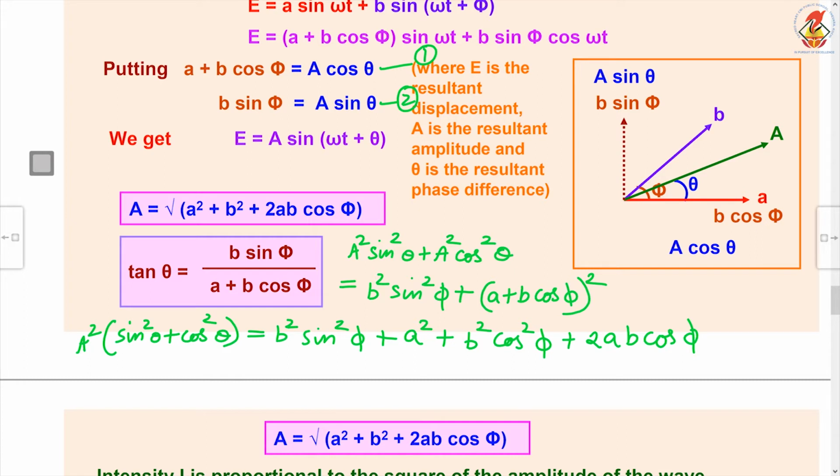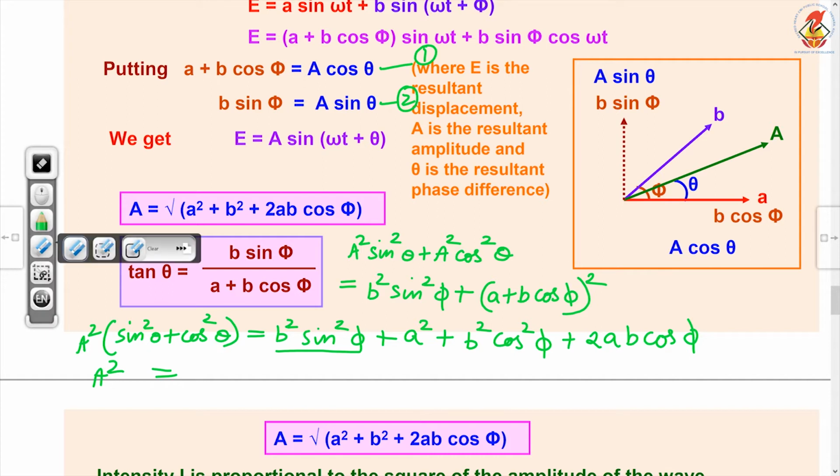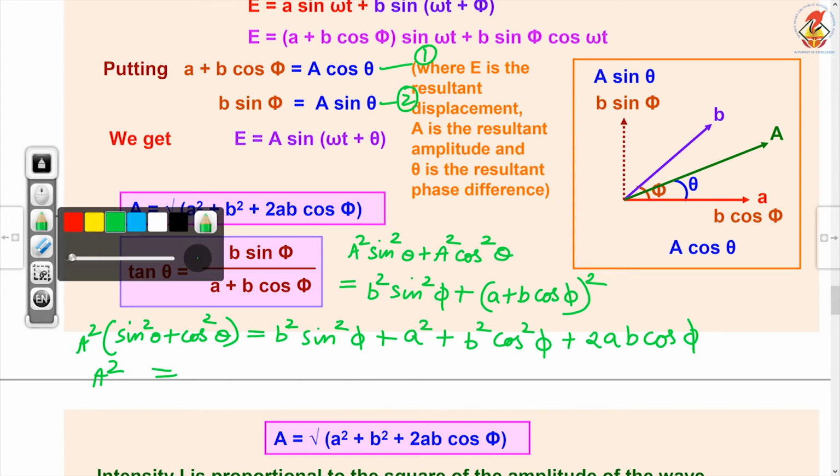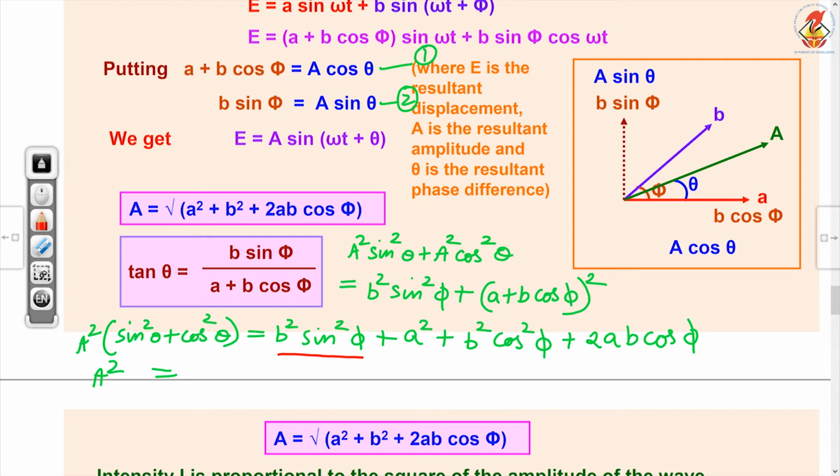Now, listen to me, sin square theta plus cos square theta is 1. So you will get a square. Take this term and this term, b square sin square phi plus b square cos square phi.